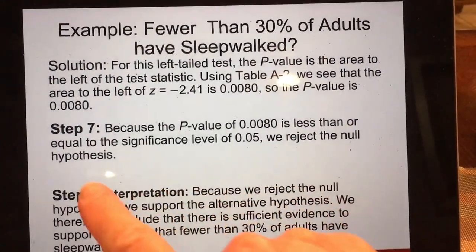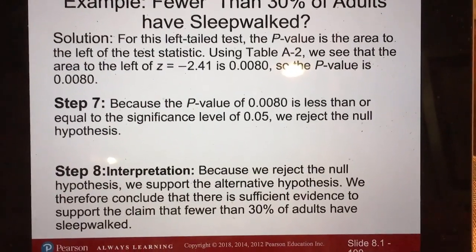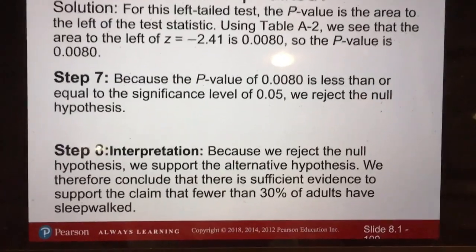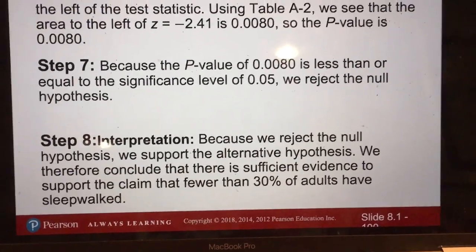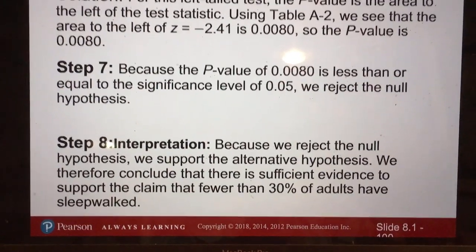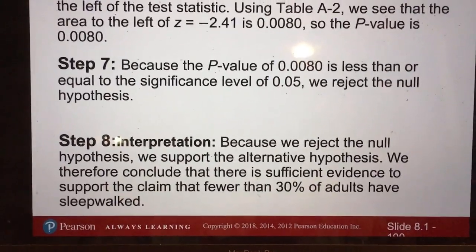We reject the null hypothesis, and the claim was not the null hypothesis. Therefore, we support the alternative hypothesis. We conclude that there is sufficient evidence to support the claim that fewer than 30% of adults have sleepwalked.